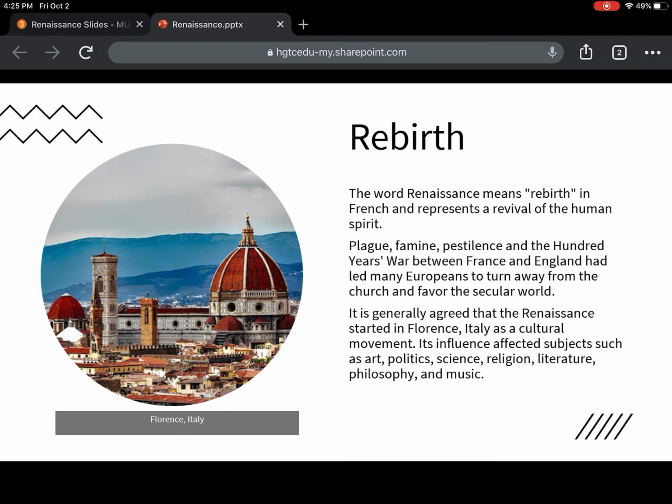So rebirth, the word Renaissance means rebirth in French, and it really was. If we're thinking about the years leading up to the Renaissance, we're thinking about the bubonic plague, we're thinking about the Hundred Years' War, and all these things come to an end, and we see the rebirth that is the Renaissance, and so there's new art coming out of it.